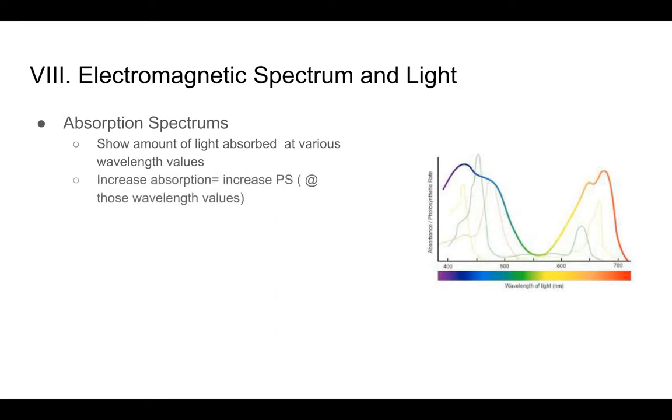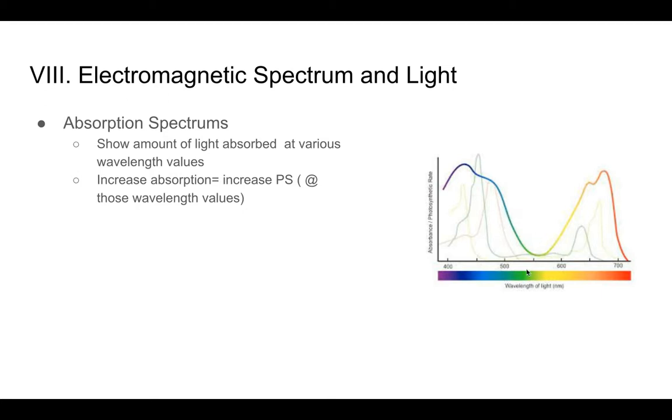And so this is what is reflected back to us and is why chlorophyll A looks green to our eyes. Okay. The important thing to know is that the more wavelengths you can absorb, the more photosynthesis is going to really occur. So chlorophyll A actually can absorb a whole bunch of wavelengths related to all of the visible light spectrum.